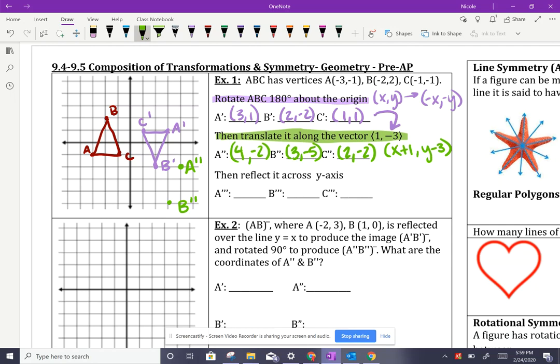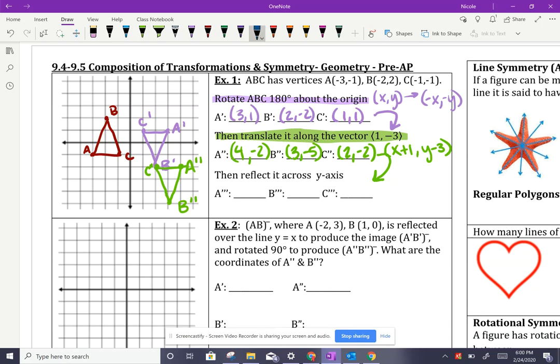And then C double prime is at 2, -2, which also just happens to be our B prime. Here we go. And now I'm going to take these points from our double primes and use them for my last transformation.